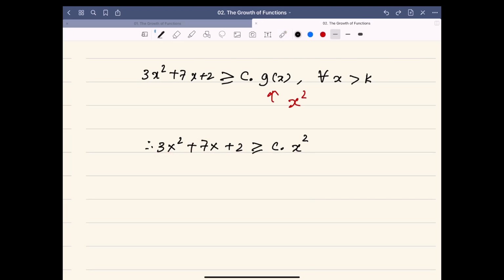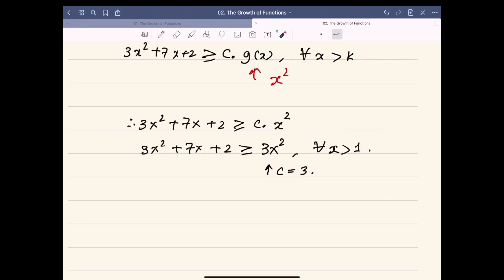So, we can say that 3x squared plus 7x plus 2 is greater than or equal to only 3x squared, and this is true for x greater than or equal to 1. So simply ignore all the other terms other than the dominant term, and you will get to your answer. So here you have the value of c is equal to 3.